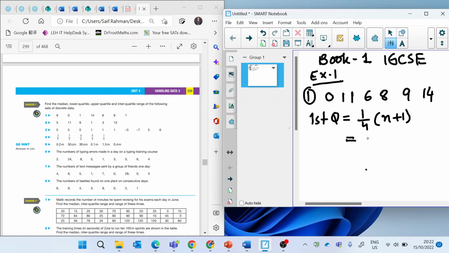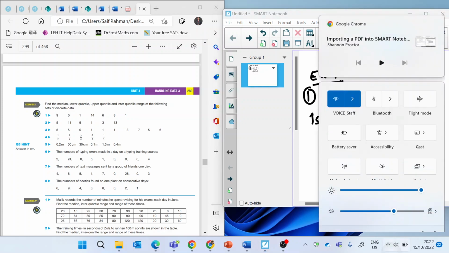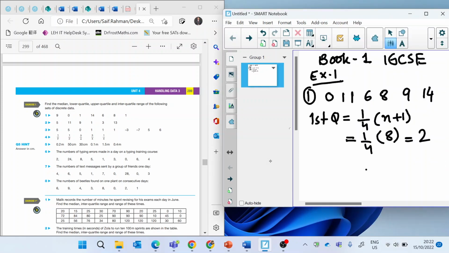So 1 by 4 times 8 is 2, which means the second number is the lower quartile. I'll put an arrow here.